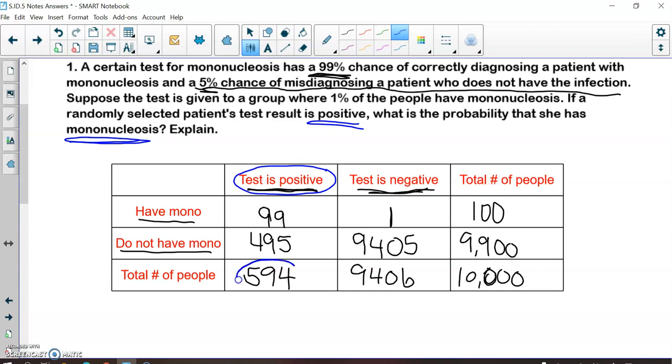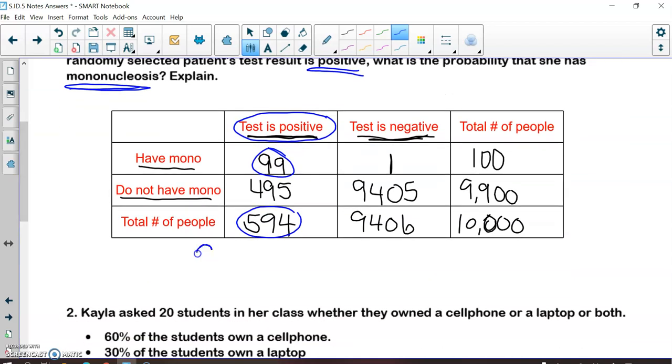So out of 594 people, 99 of those people have mono. So it would be 99 out of 594, which comes out to be about, we're going to round to 17%.